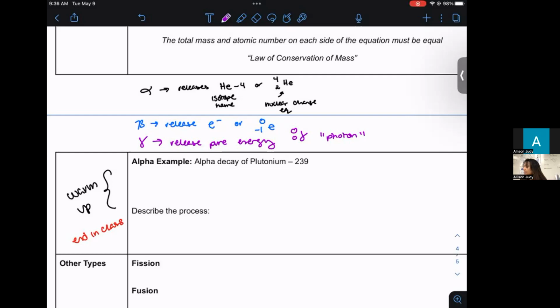So if I have the alpha decay of plutonium-239, what this would mean is my unstable isotope, plutonium-239. Now, for this format to work, what else do I have to include in this format? The proton number. So what is the proton number of plutonium-239 according to the periodic table?